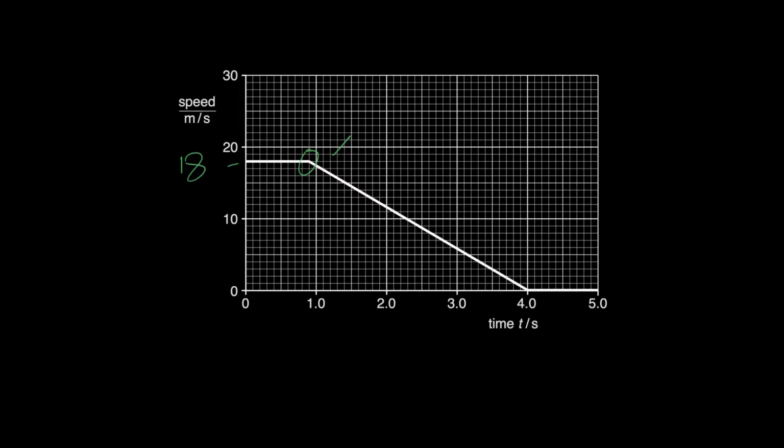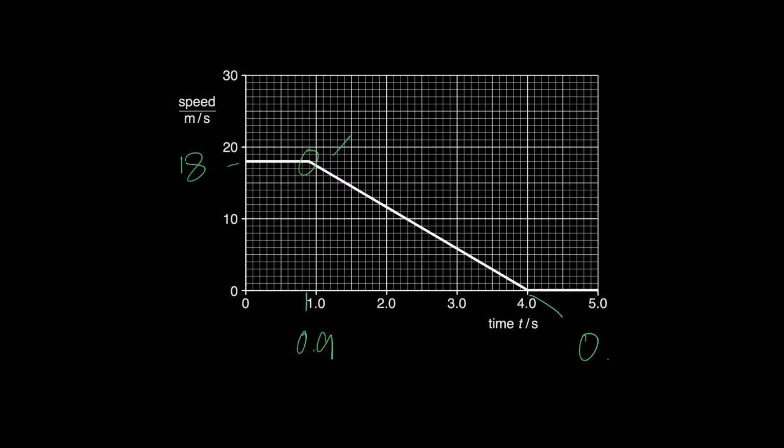It's 18. That's the initial velocity, because it was the velocity before the braking happened. And at the very end, the velocity is 0.